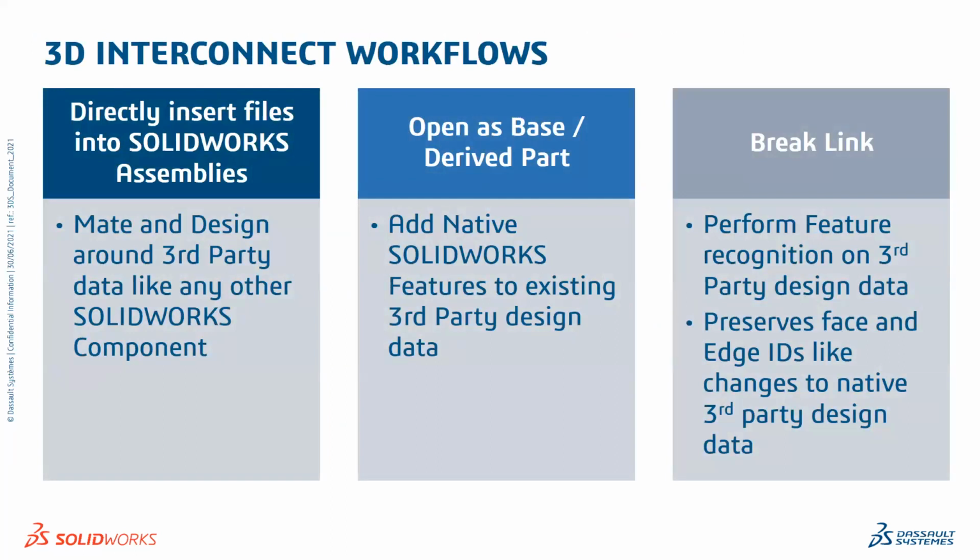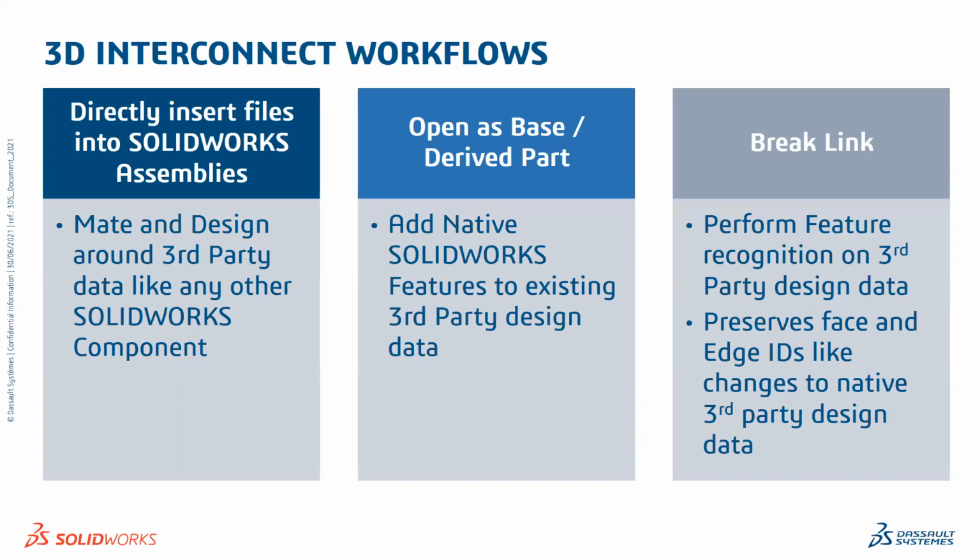In 3D Interconnect, there are various workflows. You can directly insert the third party's CAD model here and use it like a native SolidWorks file, so that you can mate it and do whatever you are doing currently in SolidWorks, without any modification.